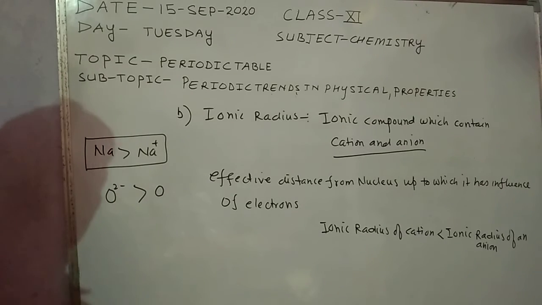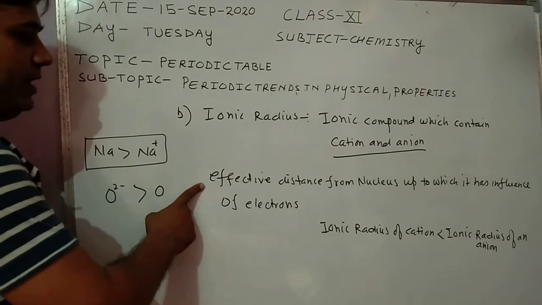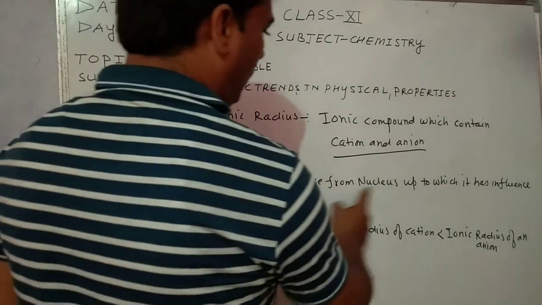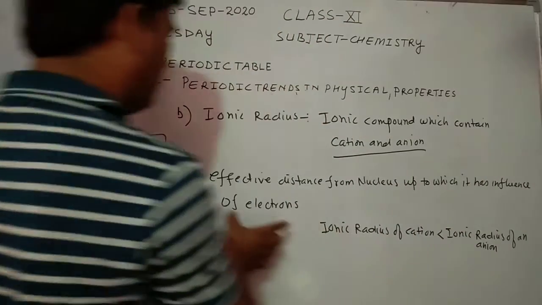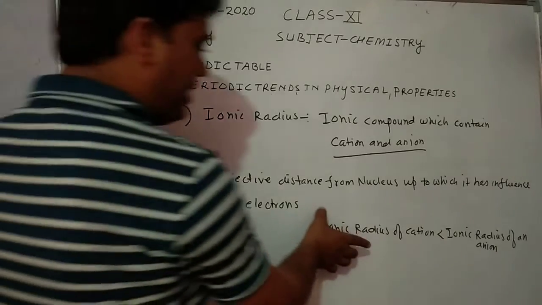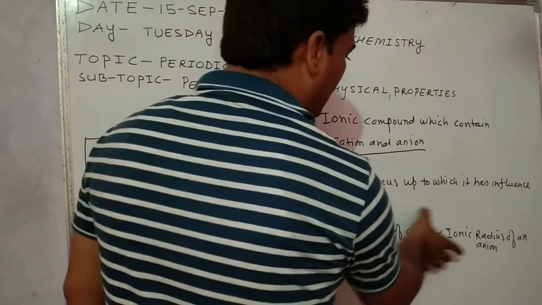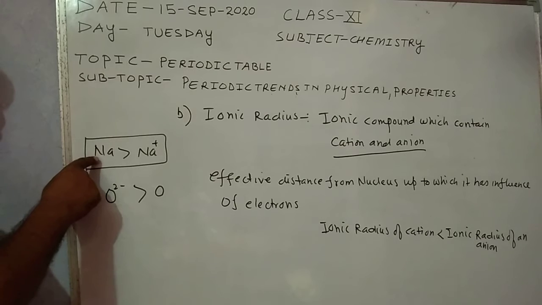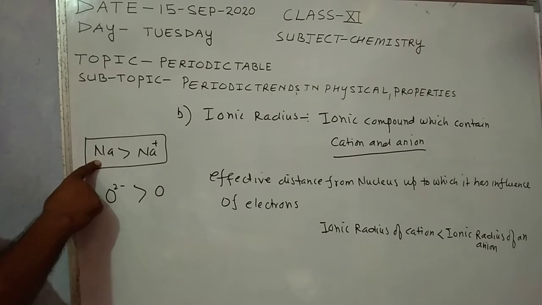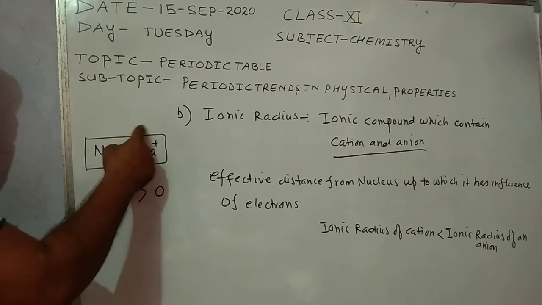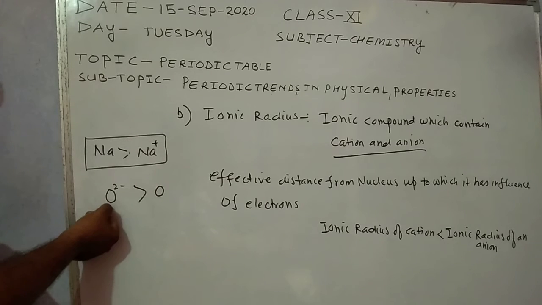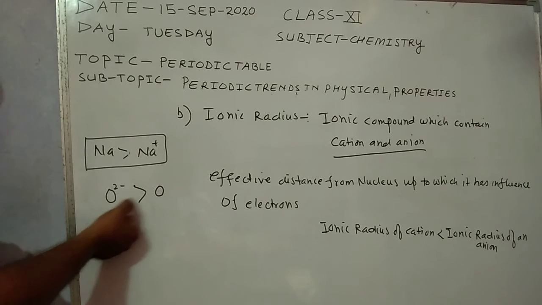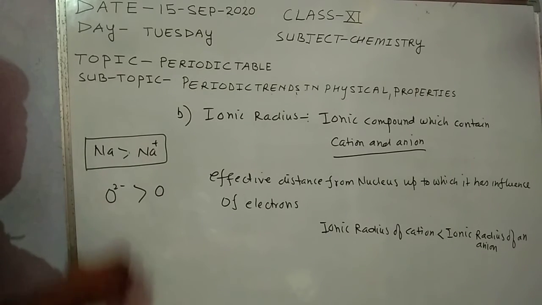Okay, so ionic radius may be defined as the effective distance from the nucleus up to which it has influence of electrons, and the ionic radius of a cation is less than that of an anion, and the radius of an atom having no charge is greater than the radius of its cation, whereas the radius of an anion is greater than the radius of its neutral atom.